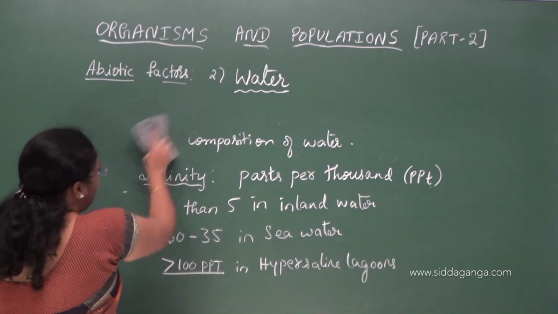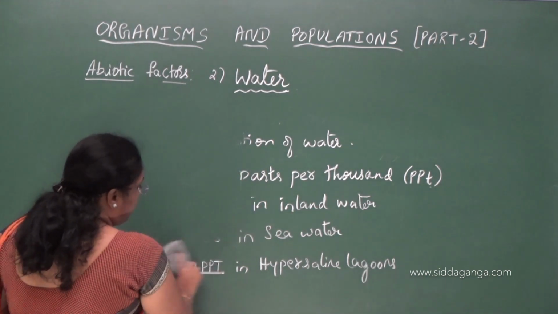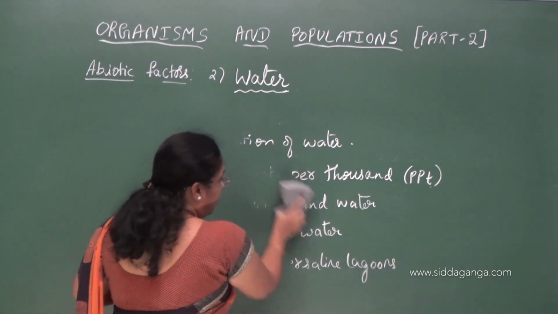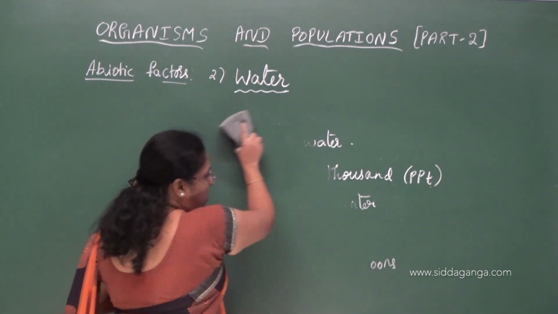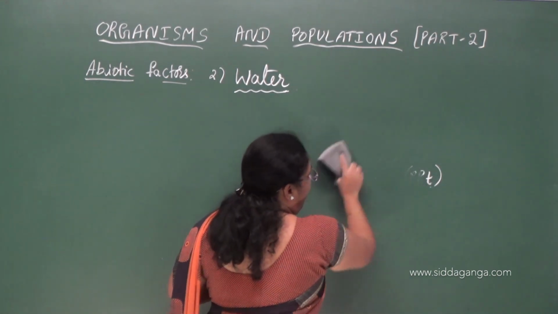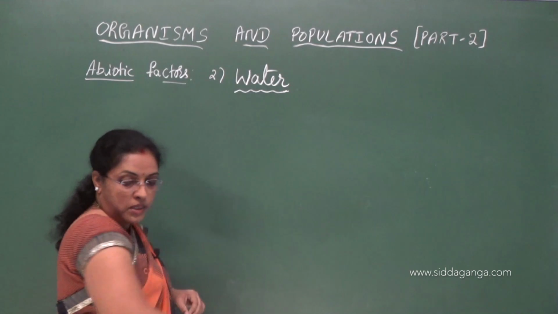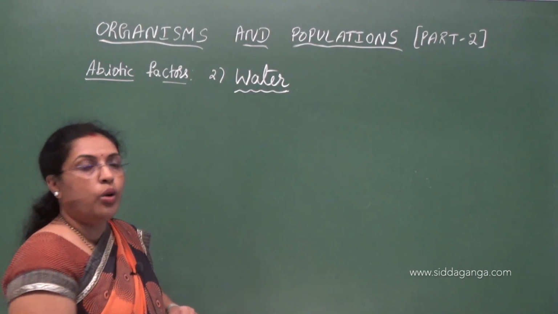Based on the tolerance of salinity, organisms are again classified into two types: euryhaline organisms and stenohaline organisms.